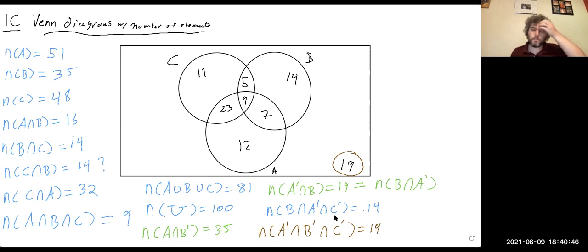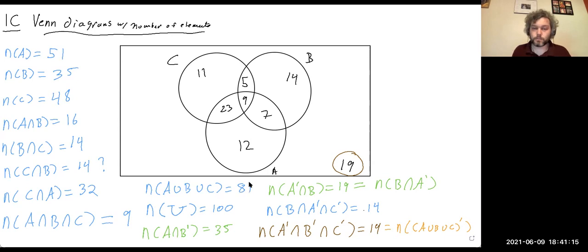Okay. How did my friend De Morgan in the previous lecture say that we could also write this? This is also the complement of A union B union C. That's what De Morgan said was true. Do you agree that that 19 is the complement of all of the union?